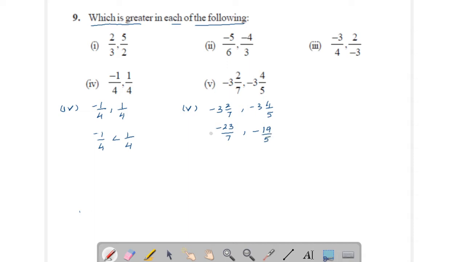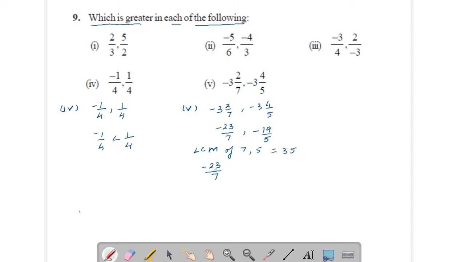Here make the denominator same. Take LCM. LCM of denominator, that is LCM of 7 and 5. You will get 35. 35 is the LCM of 7 and 5. Take first rational number minus 23 upon 7.